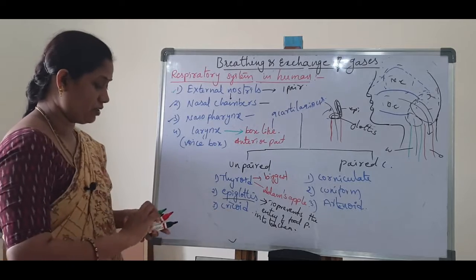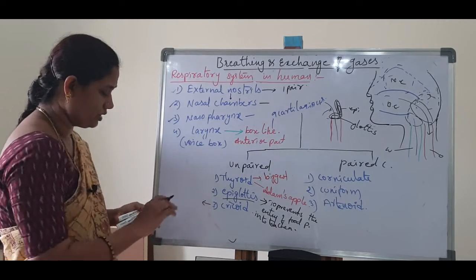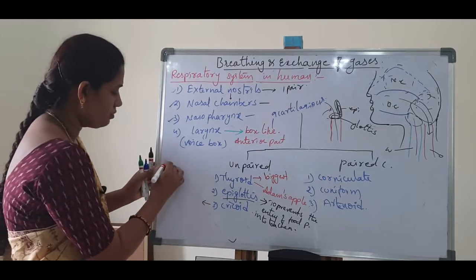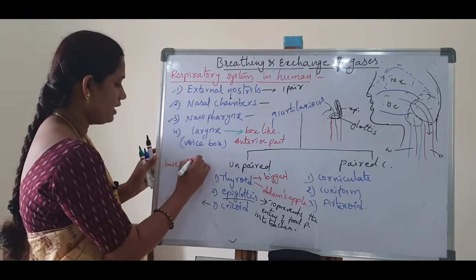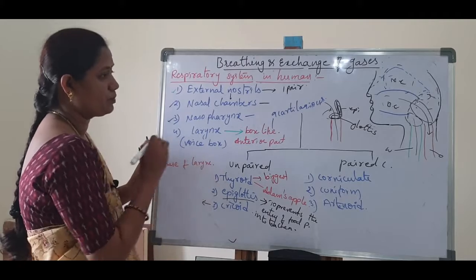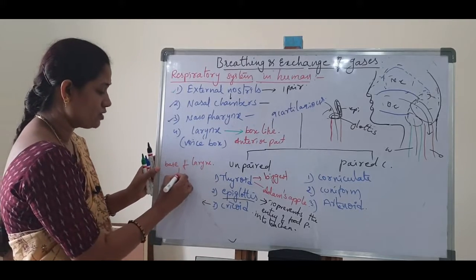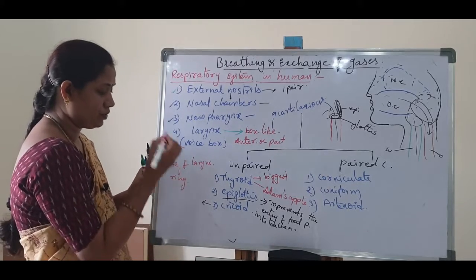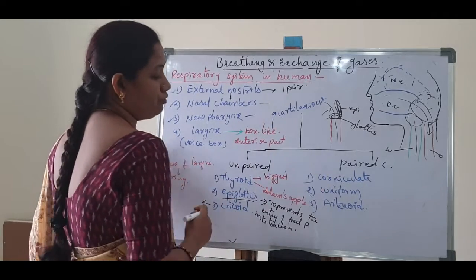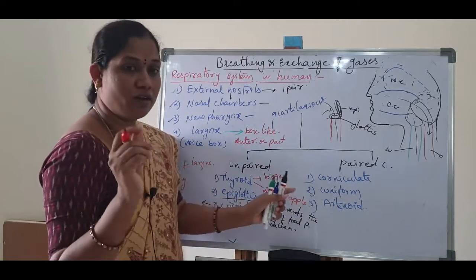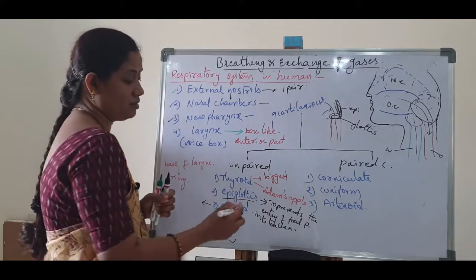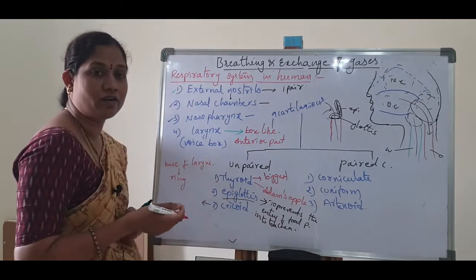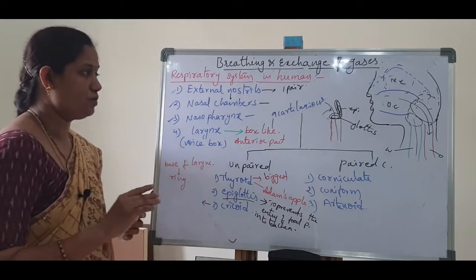Next, the cricoid cartilage. It is present at the base of the larynx and forms a ring-like structure. Next, the corniculate and cuneiform cartilages are also present, as small bulb-like structures in the larynx. Next, the paired arytenoid cartilages are also present.